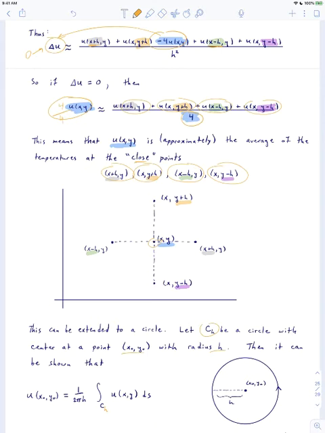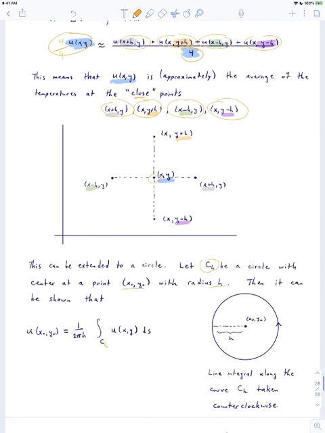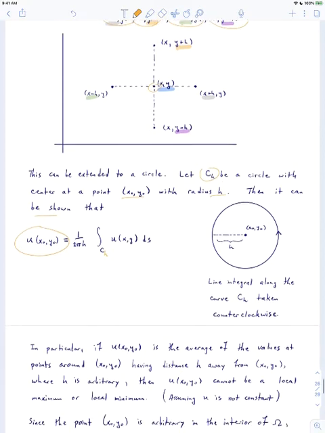So you integrate u over c sub h and divide by 2 pi h, which is the circumference of the circle. This is a line integral. So it's a line integral along the curve c sub h taken counterclockwise. And this gives us the average value. So it can be shown that this average value is actually equal to the temperature at the center. So it's u at x0, y0.